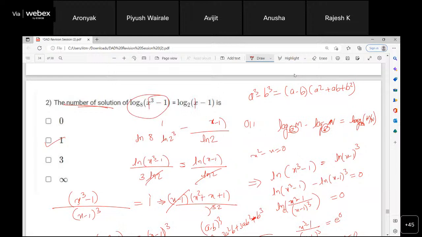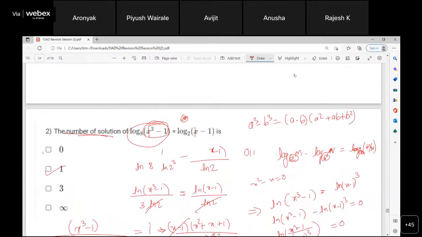The equation will get satisfied, both sides will be 0, but it is still not defined, right? The expression should be greater than 0.